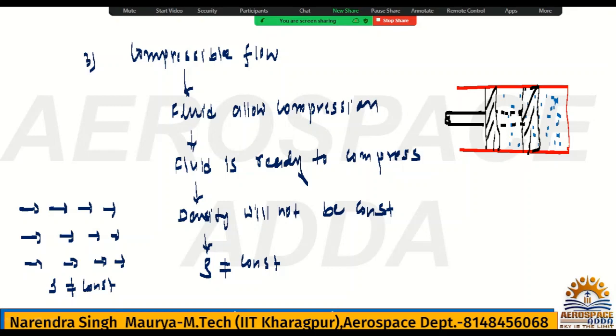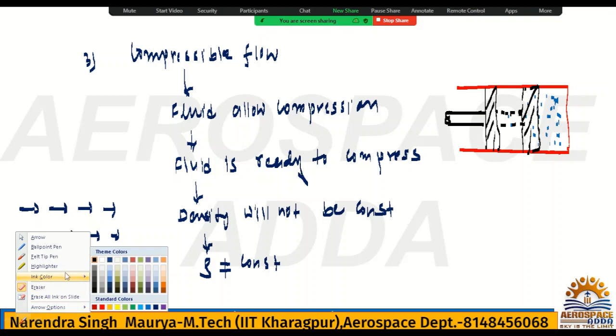So whatever fluid is available now will be shifted to the next position. So now volume is decreasing. If volume is decreasing, then for the same mass, density will be, check, volume is decreasing. Now, wait.